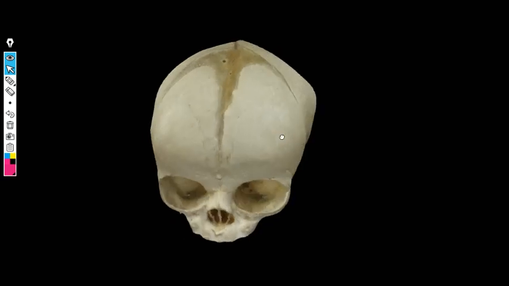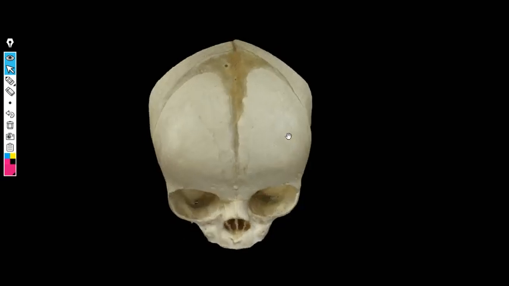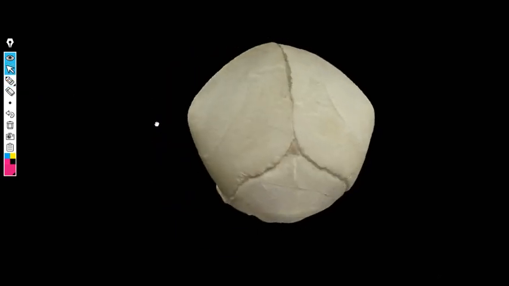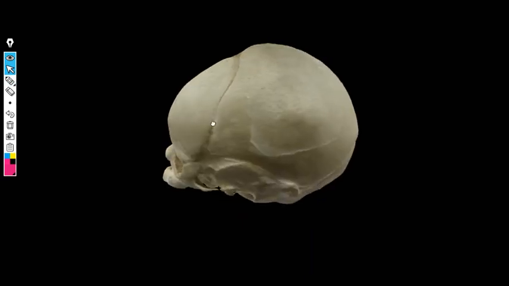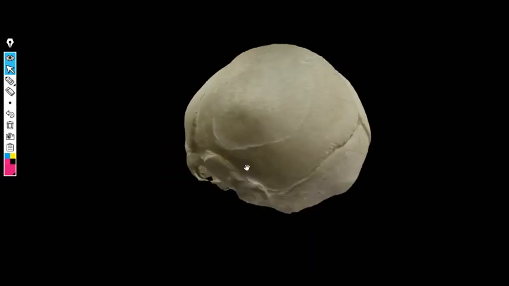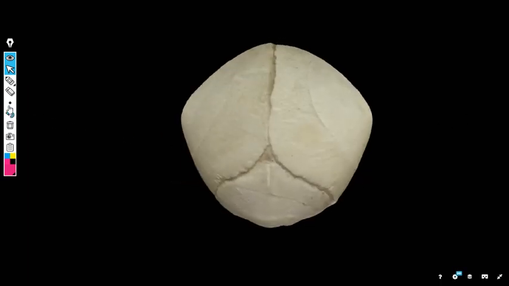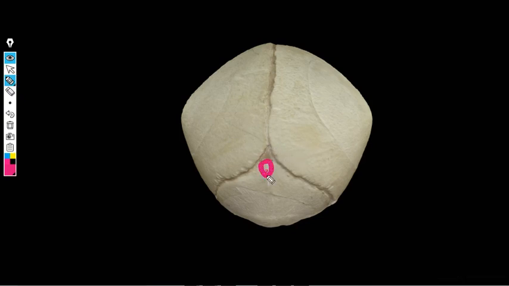If we talk about this particular point, it is called the sinciput. This is the sinciput. And here, this is called, sorry, occiput.